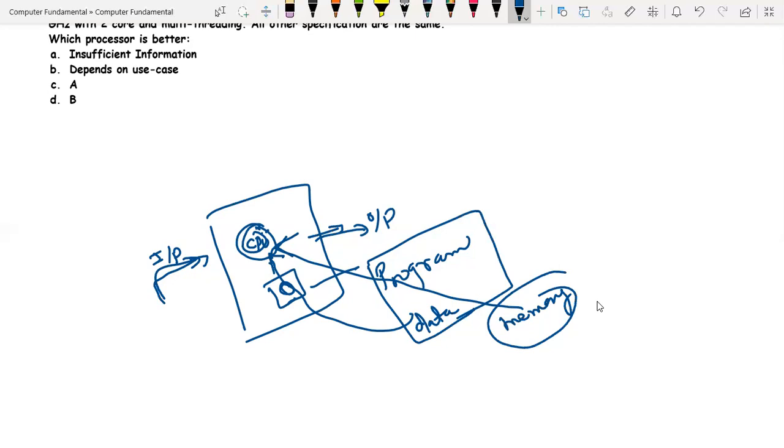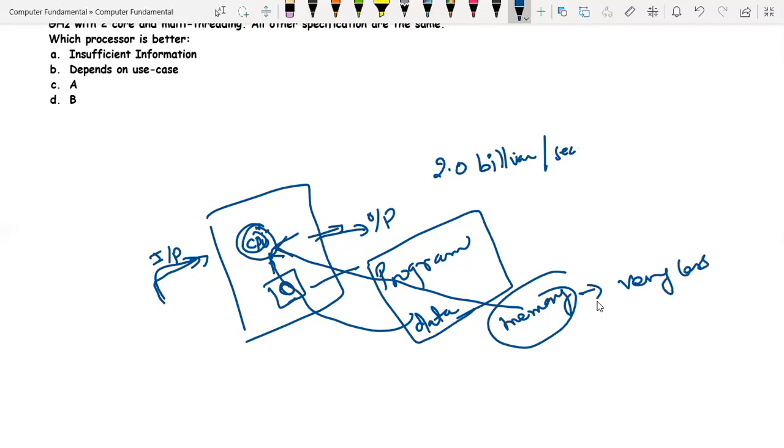But the problem lies here. What is the speed of your CPU? You already studied this: something like 2.0 billion instructions per second. And what is the speed of your memory? It's very less.